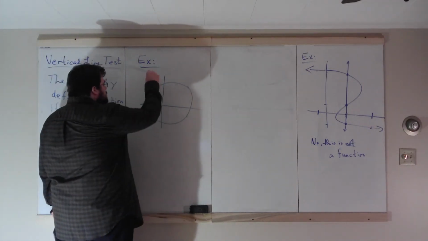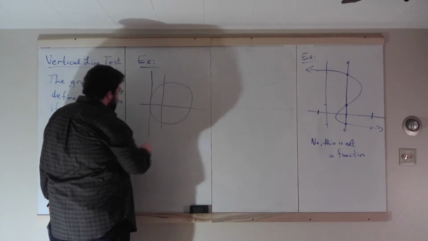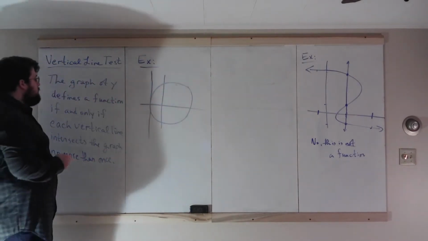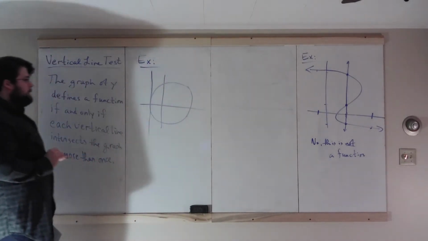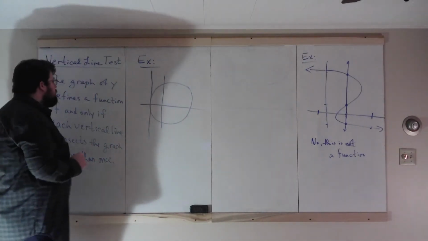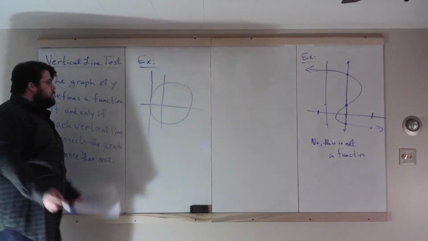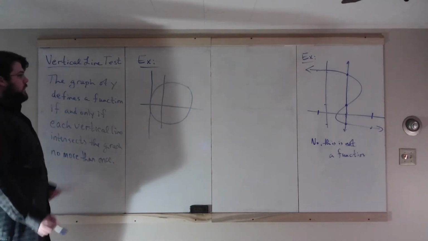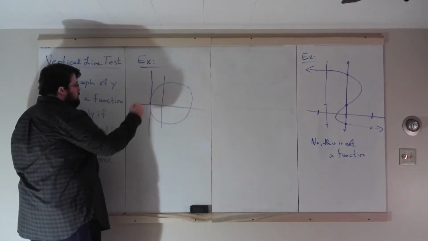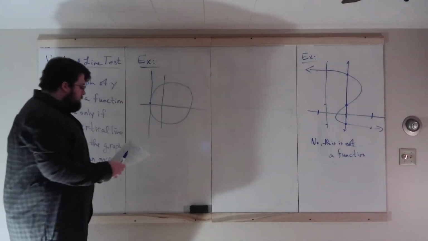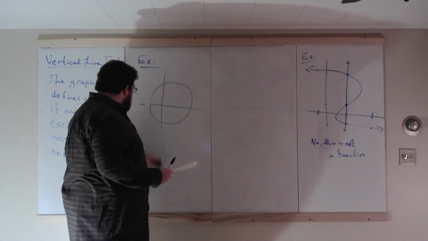How about a vertical line, say, here? It's a lousy vertical line. That's supposed to be right on the edge of that circle. Well, if circles have edges, which they don't. This vertical line I drew in the hopes that it would look like it's hitting the circle, the curve, exactly once.